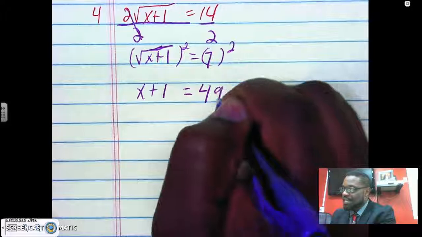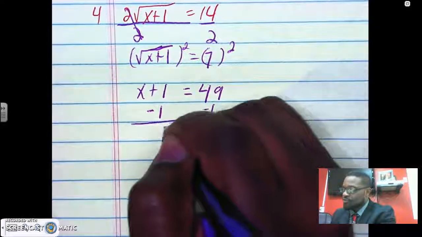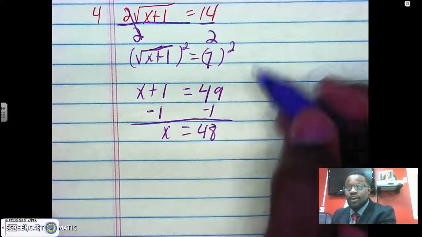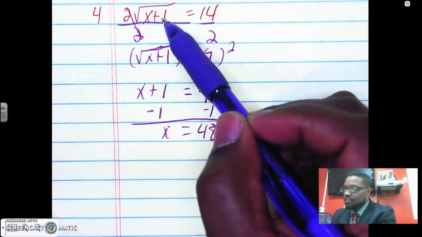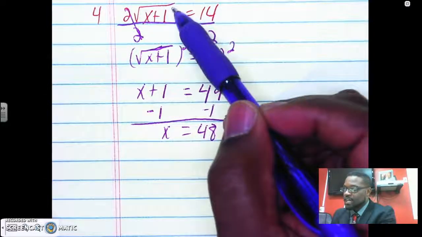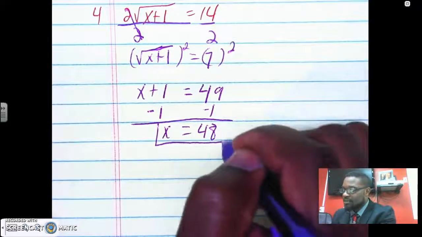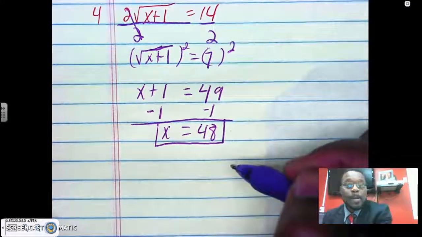And you get 49. Now I solve by subtracting 1 from both sides, and I get 48. Now that's solved, but let's check it. If I do 48 plus 1, that's 49. The square root of 49 is 7. 2 times 7 is 14, so that works out. I don't get a negative number underneath the radical, so 48 is cool.